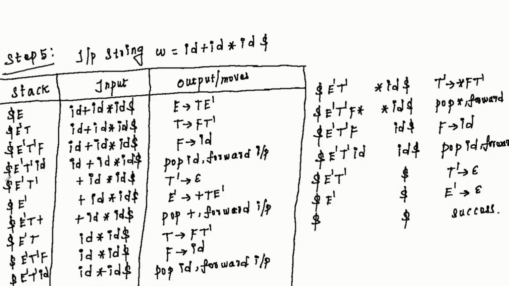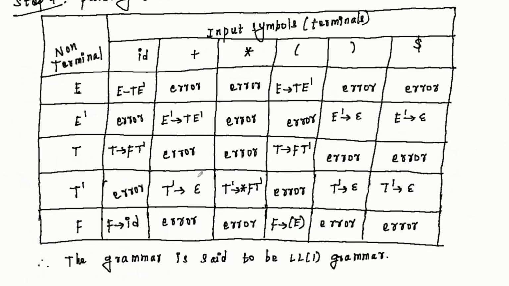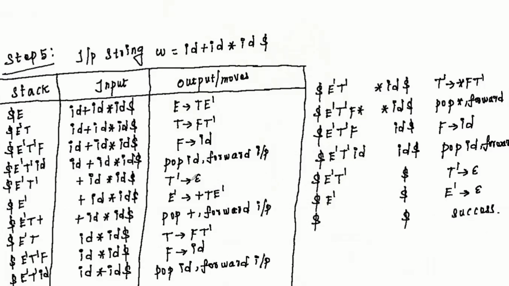Then you will get stack symbols dollar E dash T dash, input symbol plus ID star ID dollar. T dash plus: the parsing table T dash plus is going to be T dash tends to epsilon. Here you write T dash tends to epsilon. Instead of T dash, substitute epsilon. You will get stack symbols dollar E dash.